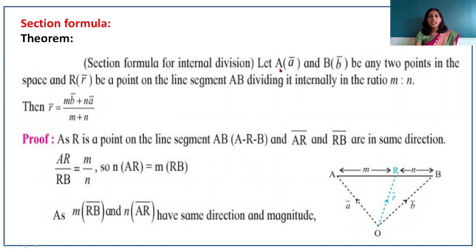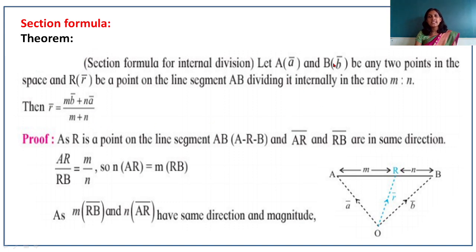Let A of A bar and B of B bar be any 2 points in the space and R of R bar be a point on the line segment AB, dividing it internally in the ratio m to n, then R bar is equal to m b bar plus n a bar upon m plus n. This is the section formula for internal division.